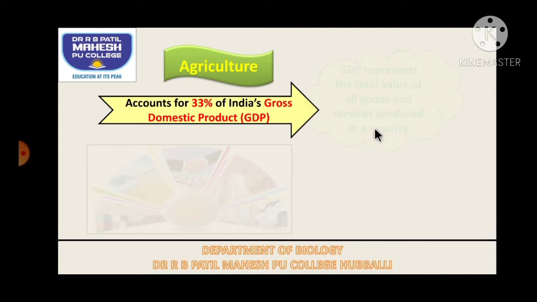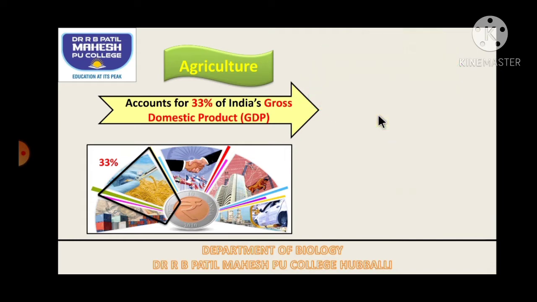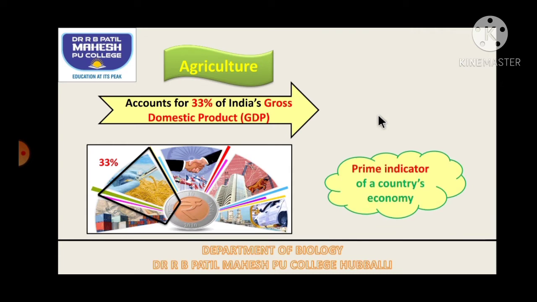Now the question is, what is gross domestic product, which can be abbreviated as GDP? GDP represents the total value of all goods and services produced in our country. After independence, the most important challenge we faced was improving agriculture.